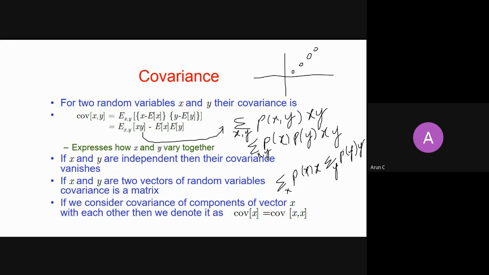And when you replace it, it is expectation of x times expectation of y, and it is the negative of it, right? So they cancel each other, and then the covariance will be 0. So if there are two independent variables, then the covariance between those two independent variables will be 0.